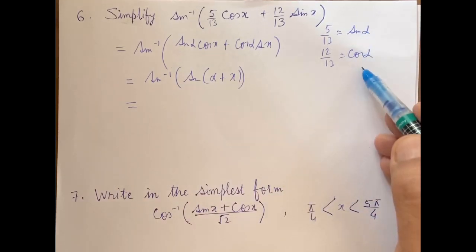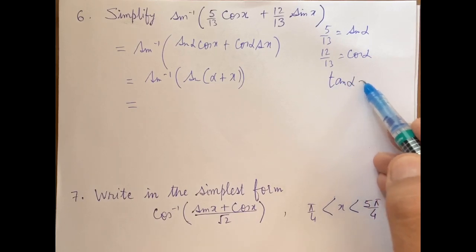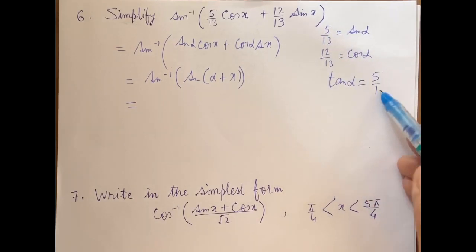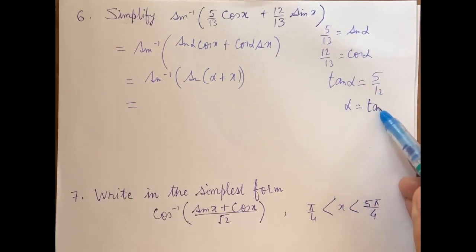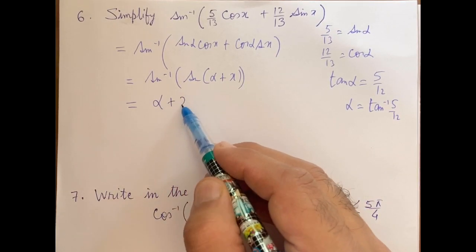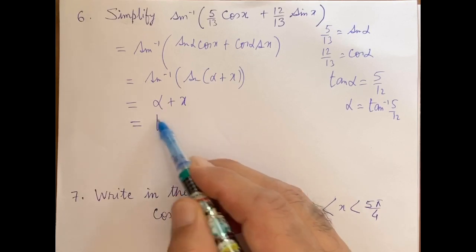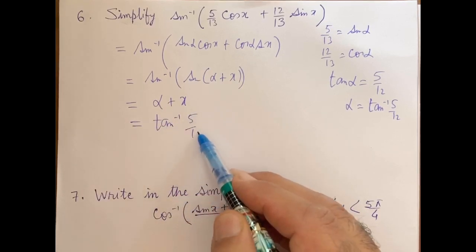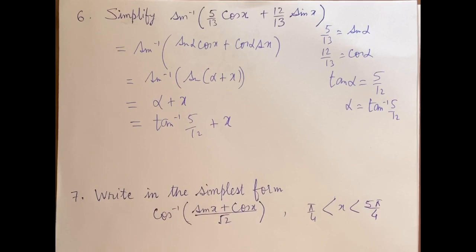We can divide this with this to get tan of alpha as 5 by 12, or alpha is tan inverse of 5 by 12. So this is alpha plus x, where alpha is tan inverse of 5 by 12.